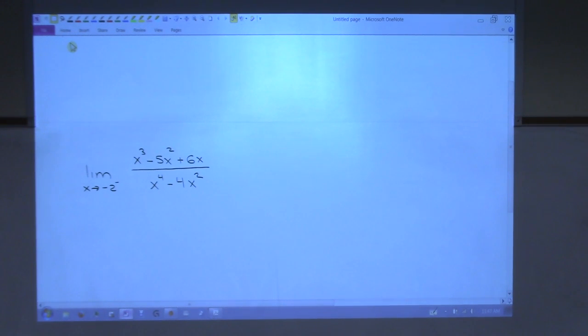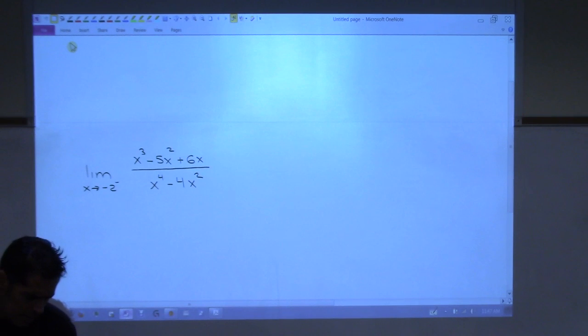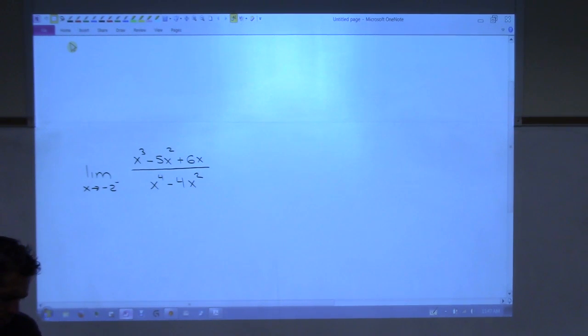I'll come back and verify. I need to look at enough people. You got a positive infinity? Positive infinity, because I distributed the x squared, and since it's a limit coming from the left, I put -2.01 in and multiplied it into the x's.